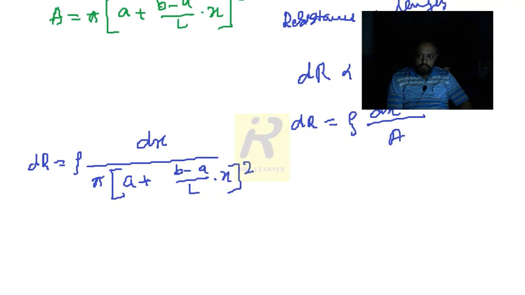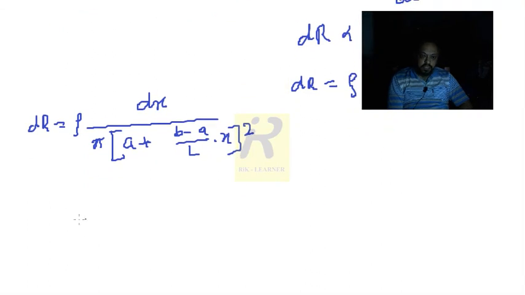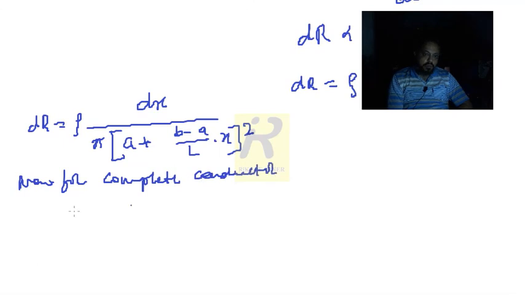Okay, so now for the full conductor, the complete conductor, what we have to do? R is equal to the integration of dr. So that is equal to rho divided by pi, and I can remove this L square also.